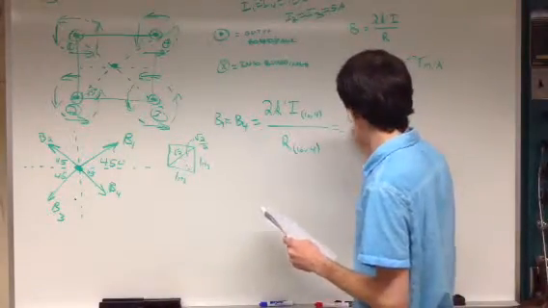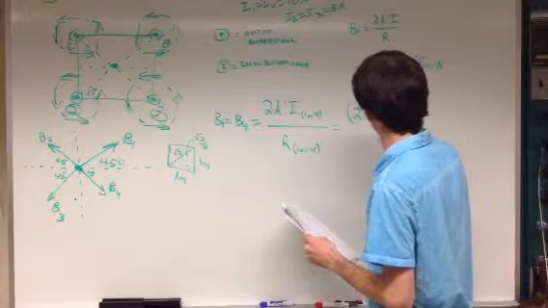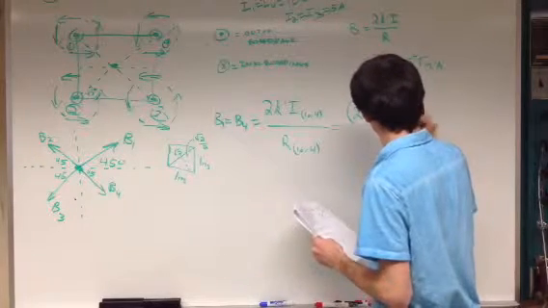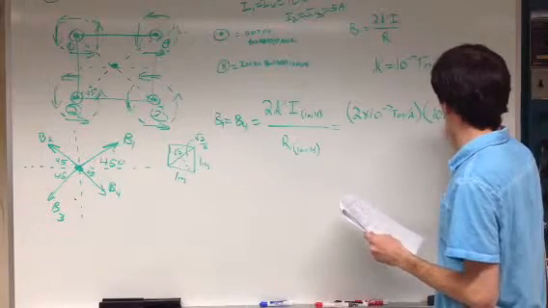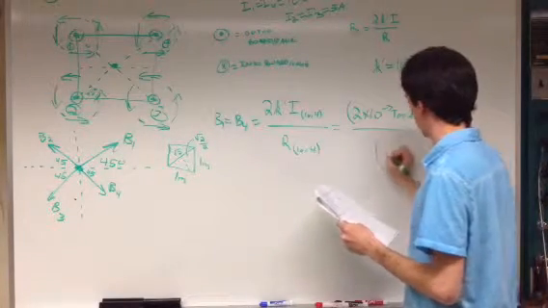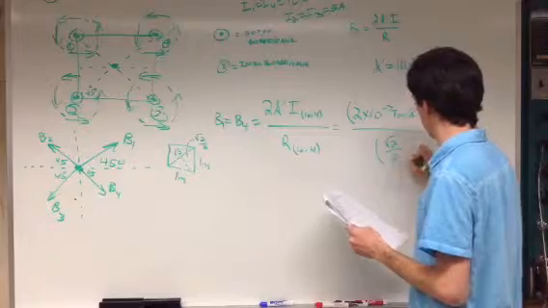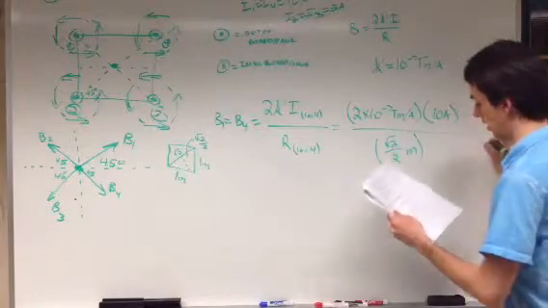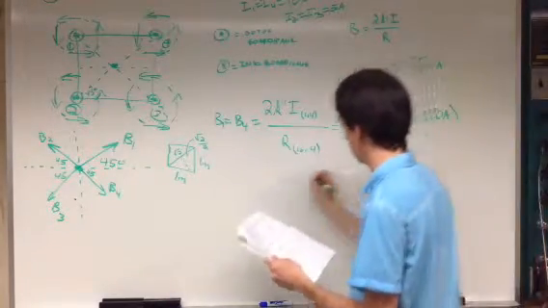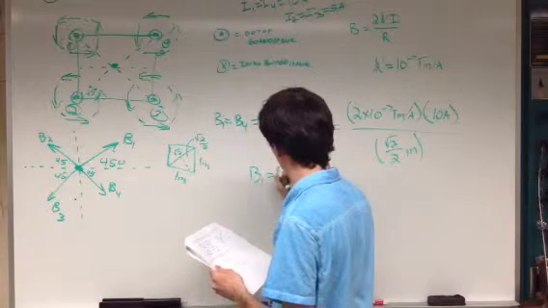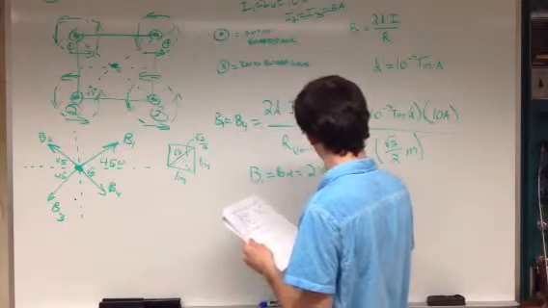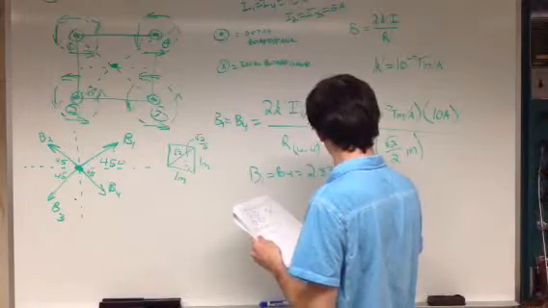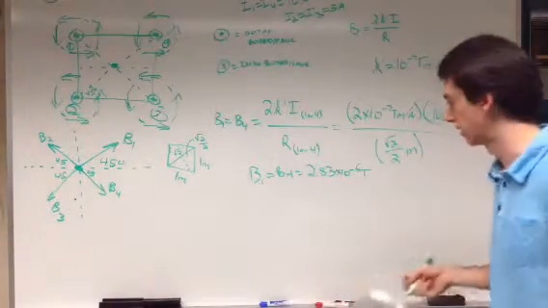So if I plug in all of my numbers, where I is 10 amps, r is radical 2 over 2 meters, this comes out to be B1 equals B4 equals 2.83 times 10 to the minus 6 Teslas. Magnetic fields are in Teslas.